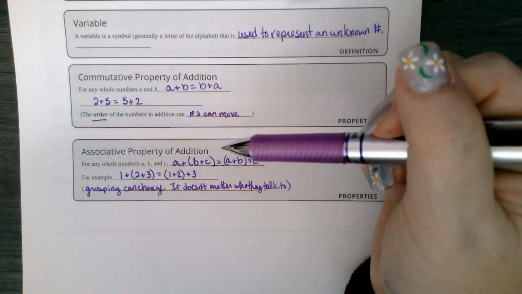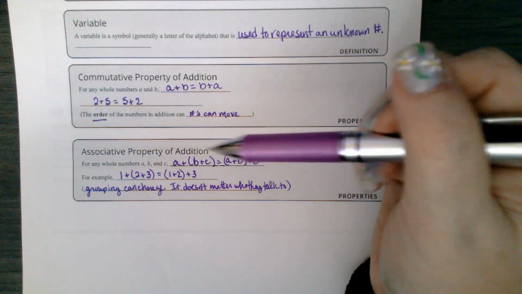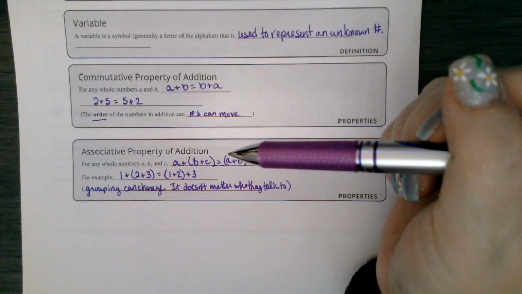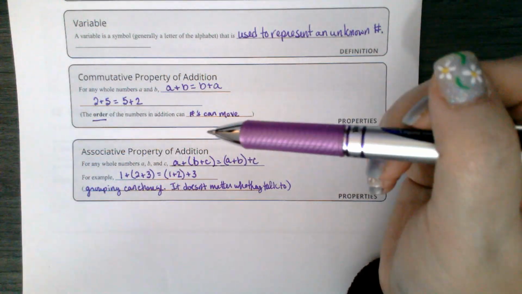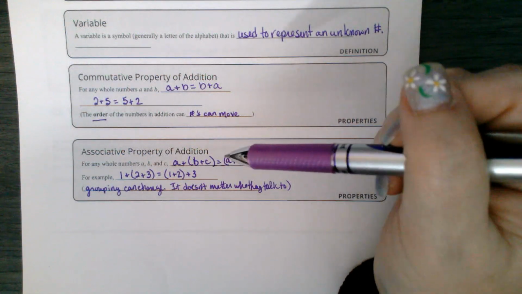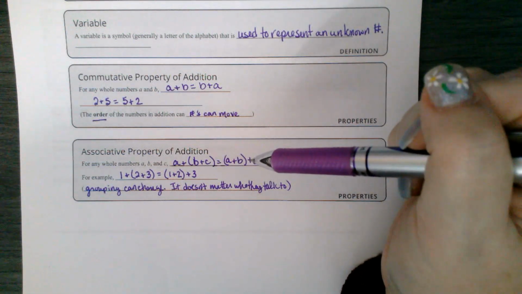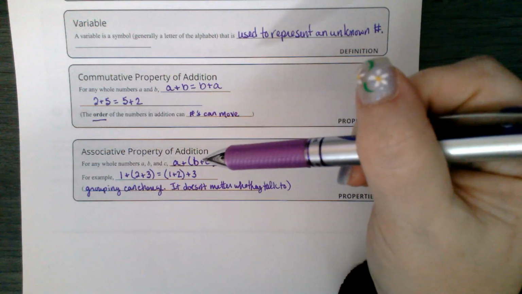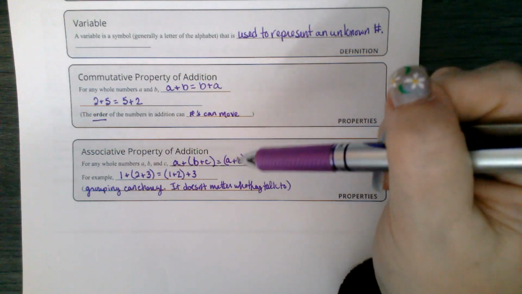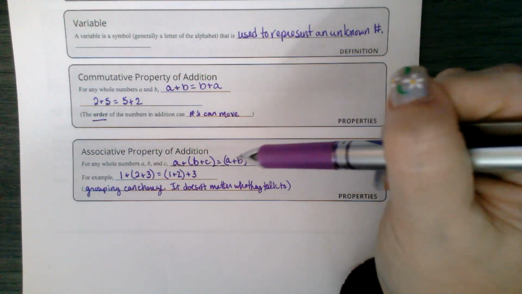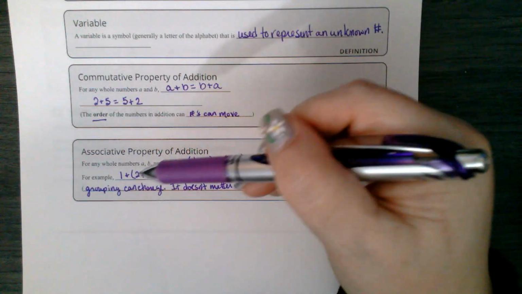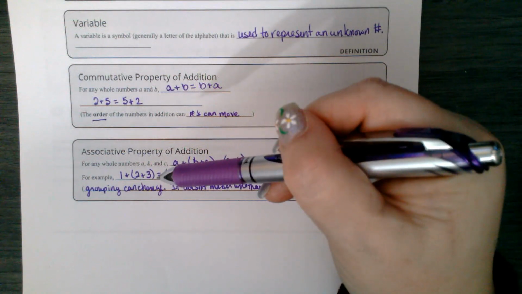The associative property of addition has to do with who things associate with. Association has to do with talking. So it's who they can talk to. If you look right here, we have A plus B plus C equals A plus B plus C. So here the B and the C are talking because they're the ones in the parentheses. And here the A and the B are talking because they're the ones in the parentheses. Now we get the same answer regardless, because down here when you have 1 plus 2 plus 3, you're going to get 6.